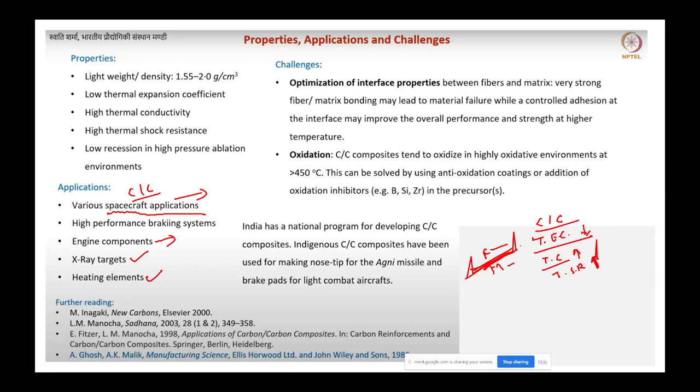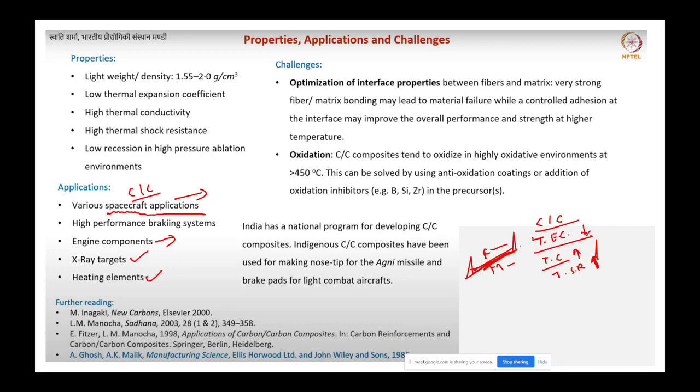The second thing is oxidation. Wherever a carbon kind of material is used, you will probably have a problem related to oxidation. This composite tends to oxidize in highly oxidative environments at more than around 400 or 450 degrees. This can be solved by using an antioxidant coating.